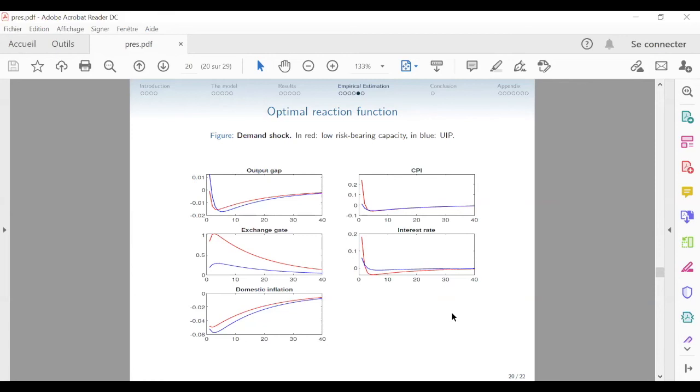This big devaluation has an effect on CPI, to which monetary policy responds with an increase in interest rate. Therefore, there is a contraction in domestic inflation, as you are substituting a much bigger imported inflation for domestic inflation.